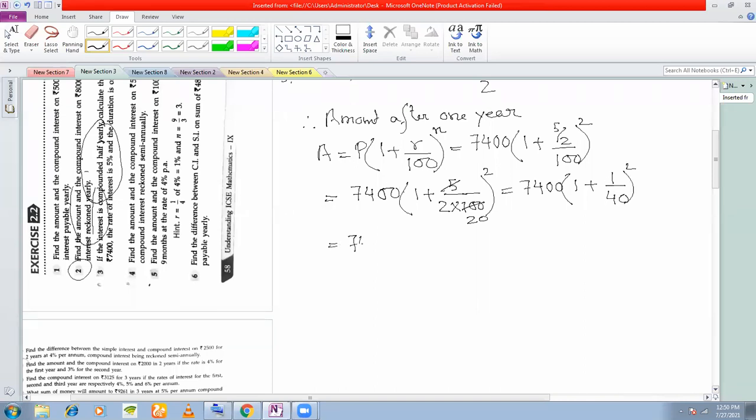Now you can take the LCM inside the bracket. 40 plus 1 is equal to 7,400 into 41 by 40 square. Now 41 by 40 is squared here, so you can multiply it twice.